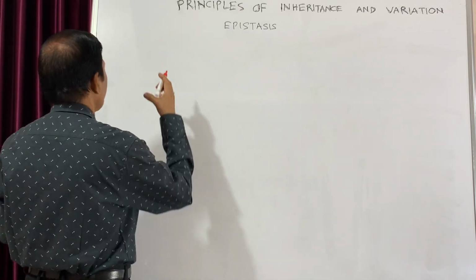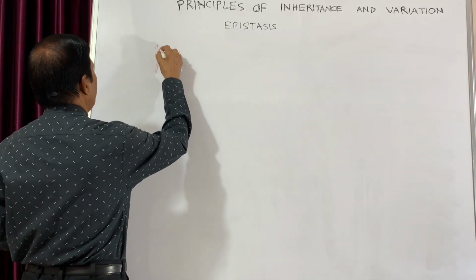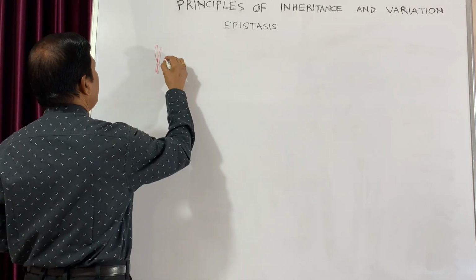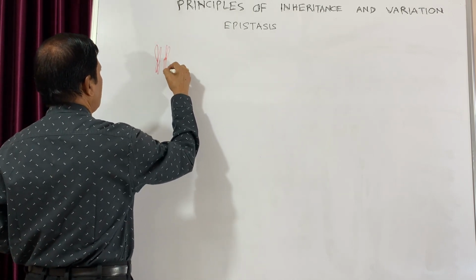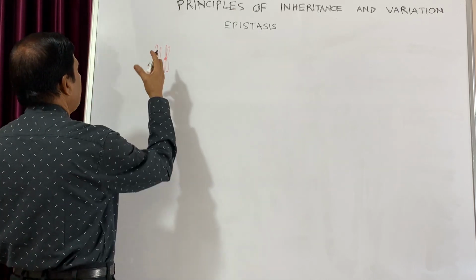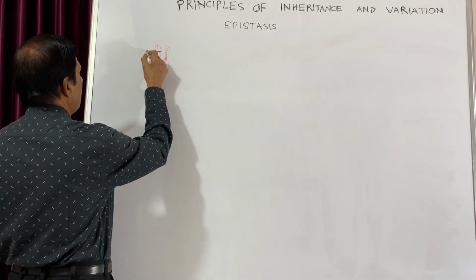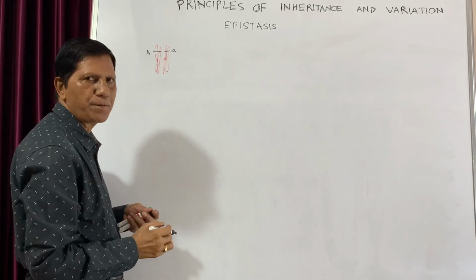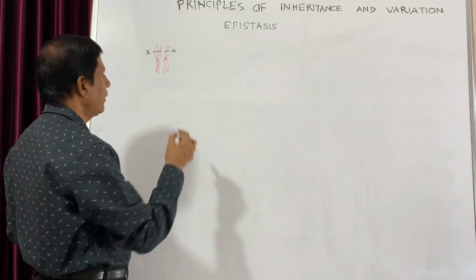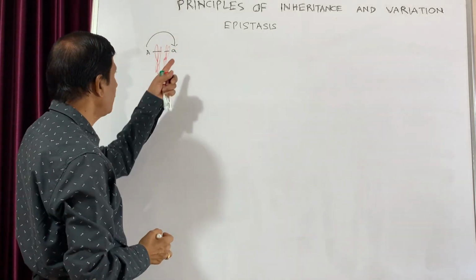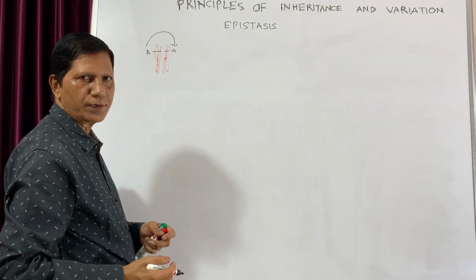Suppose this is one chromosome and this is another homologous chromosome. Now suppose at this locus capital A is there and here small a is there. Both of them are present in the same locus and A is dominant over small a. So this is known as dominance.